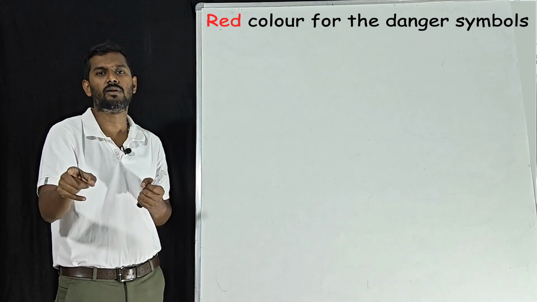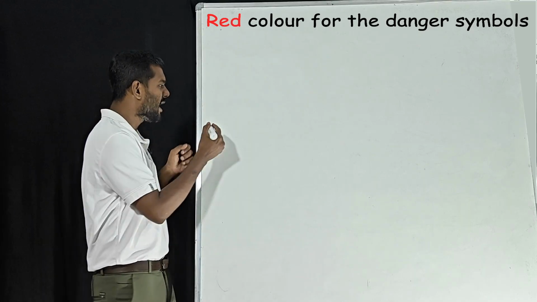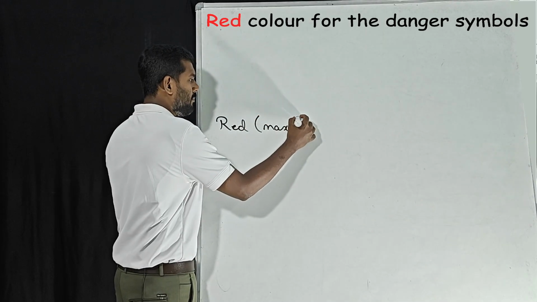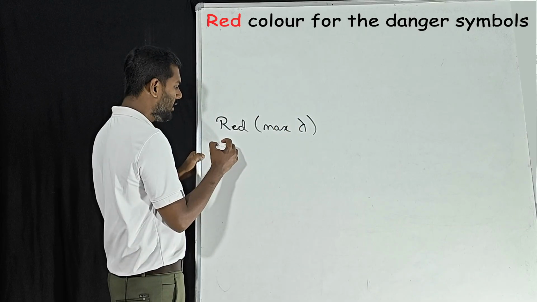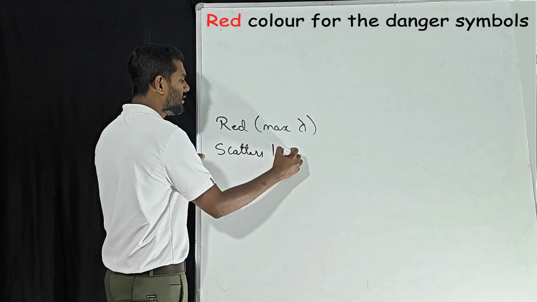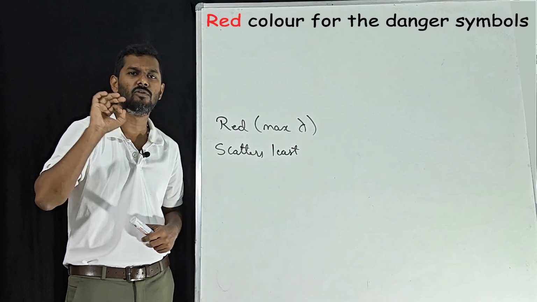If you miss any one, you're not going to get full marks. So the two important things are: red has maximum wavelength, lambda being the wavelength symbol, and scatters least. Now using these two, you frame a sentence and you will get full marks.